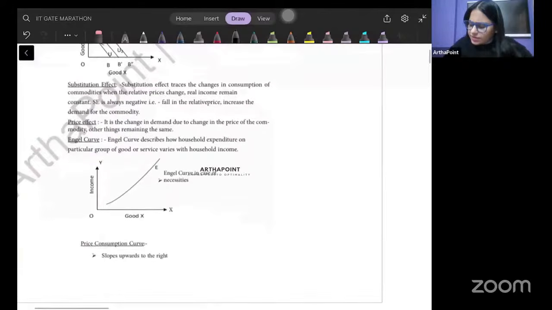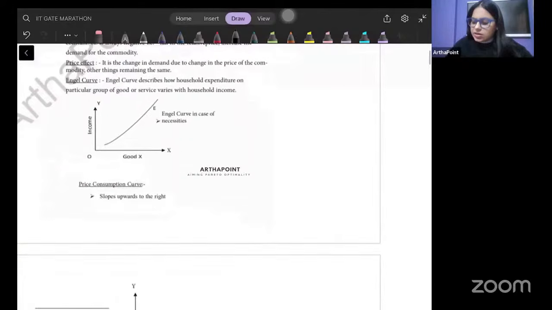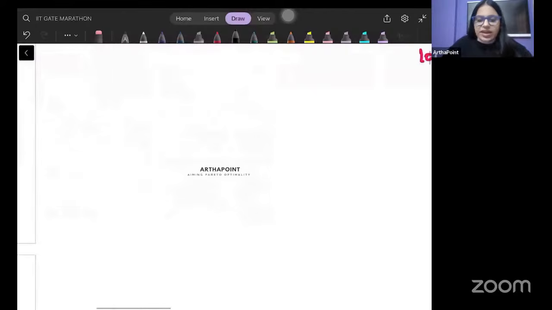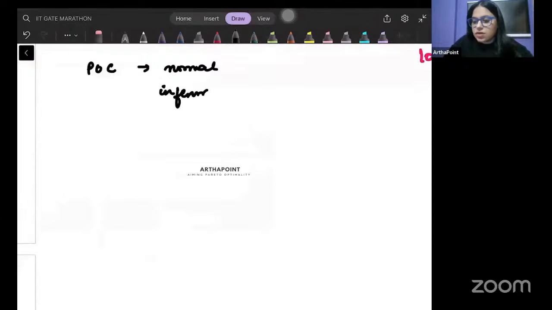Another thing that is important here, I have been seeing this doubt a lot: what happens to the price offer curve for normal, inferior and Giffen goods?